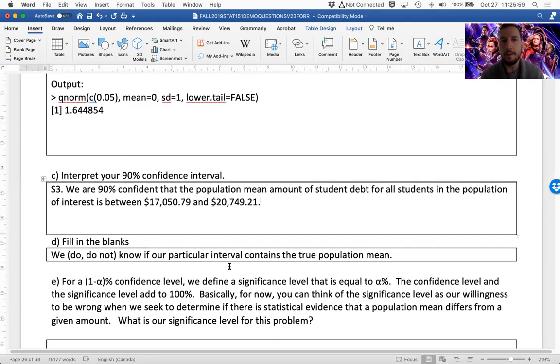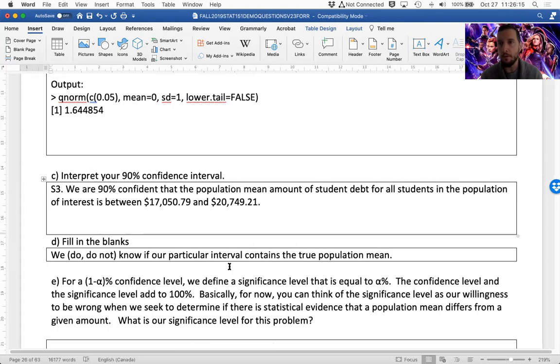Going back to the original interpretation of the confidence interval, for an individual interval, we don't actually know if it contains the population mean.